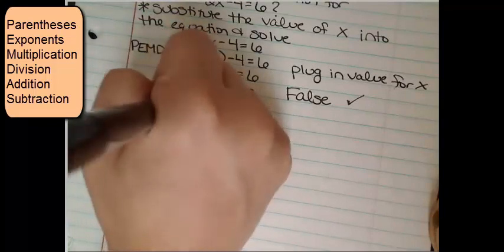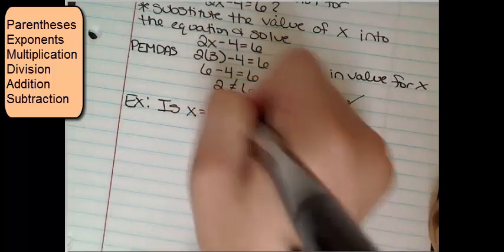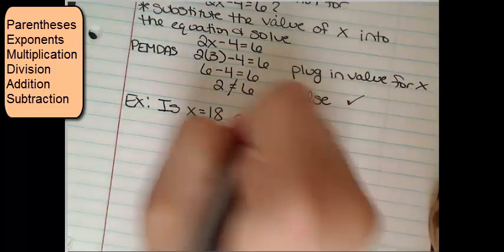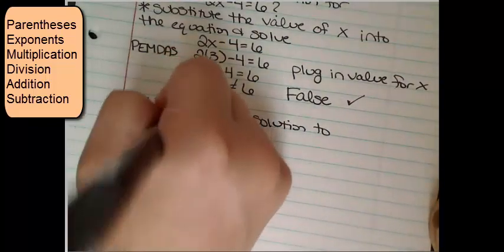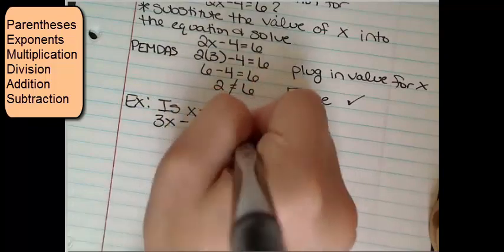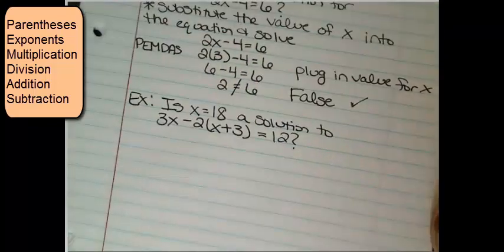Is x equal to 18 a solution to 3x minus 2 times x plus 3 equals 12? This is obviously a harder equation, but you work it the exact same way. So what we're going to do is we're just going to substitute in. So anywhere there's an x, we're going to put in the 18.